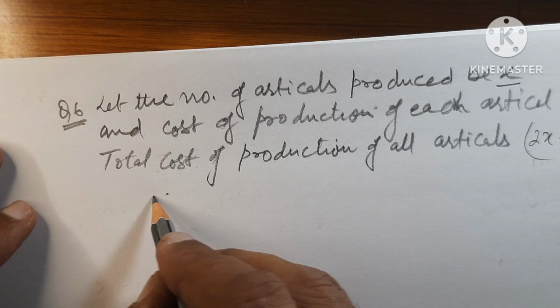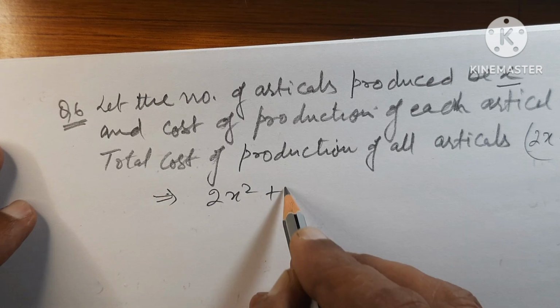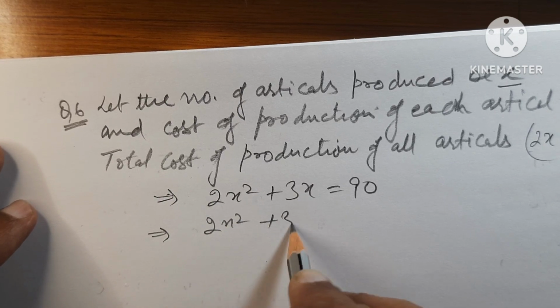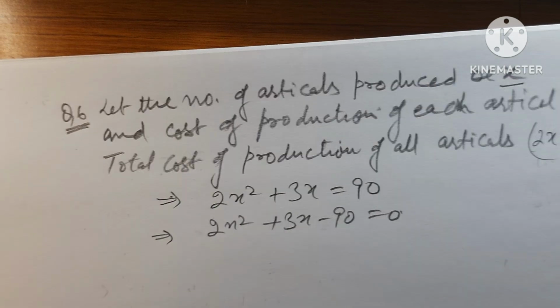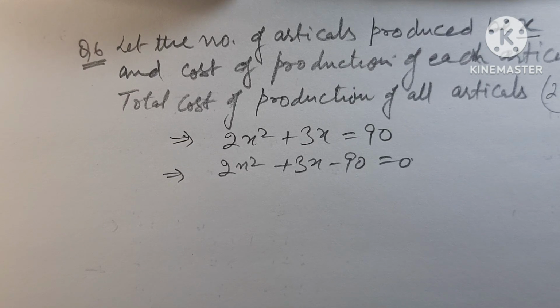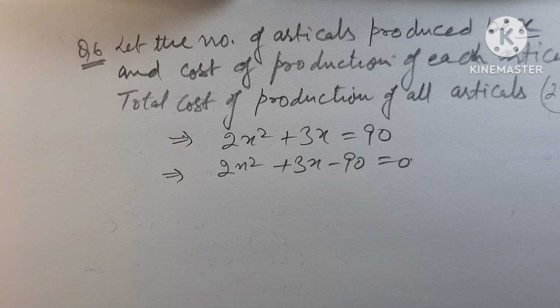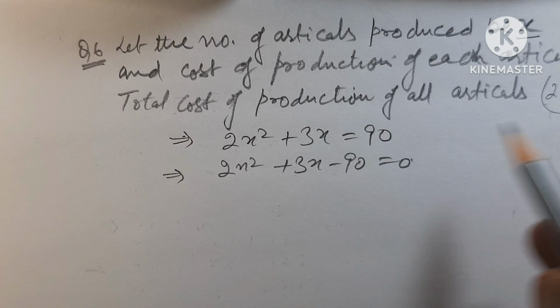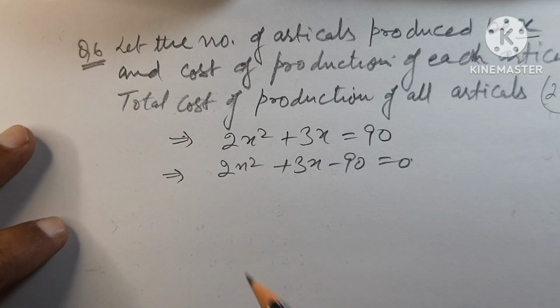So we'll multiply this. 2x square plus 3x is equal to 90. Okay. Now we'll solve this.